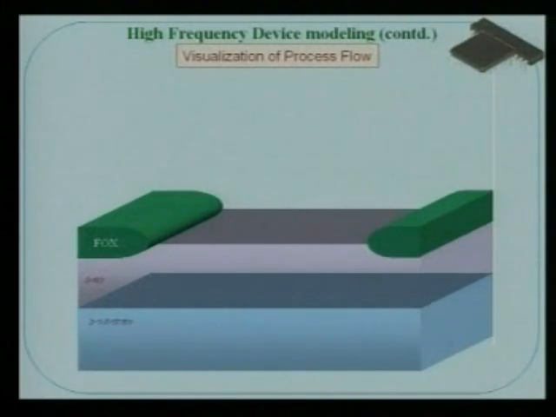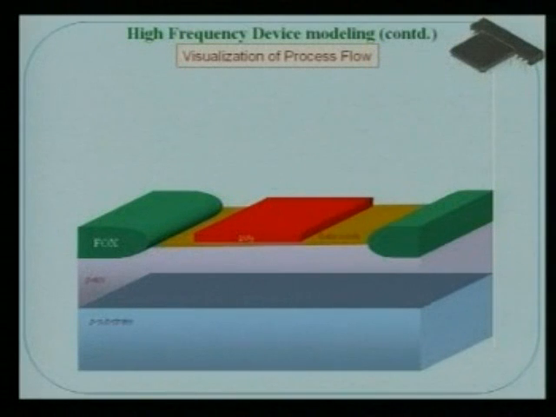Now you have the field oxide on the top of that, and on the top you have the gate oxide layer. You can recognize that the field oxide serves as the barrier or isolation layer from the other devices, whereas the gate oxide layer is pretty thin.